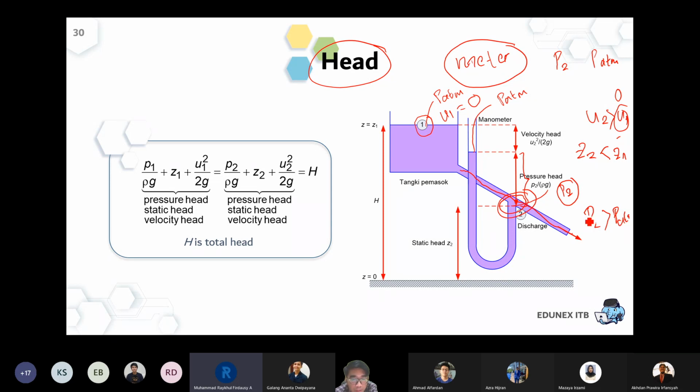P at point 2, pressure at point 2, then atmospheric pressure is calculated by the height difference. Since we express the energy term in head, so the pressure head will be this one. So the remaining difference height between this one will be the velocity head.